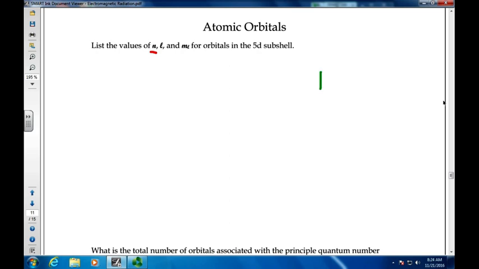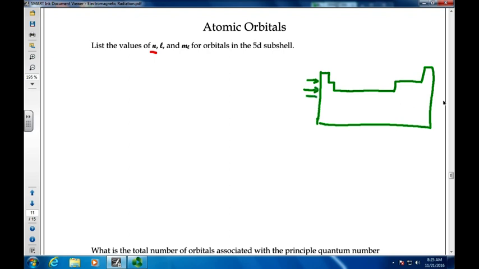If you were to look at the periodic table of elements, it looks like this terrible drawing, but that's the rough shape. Each row is a period. So period 1, 2, 3, and so on, all the way down to 7.